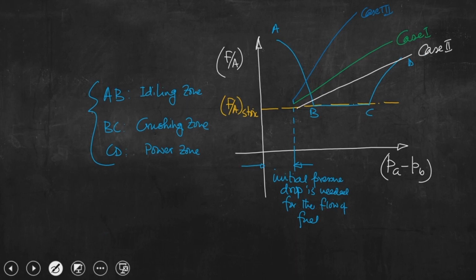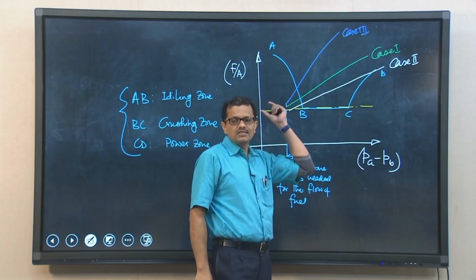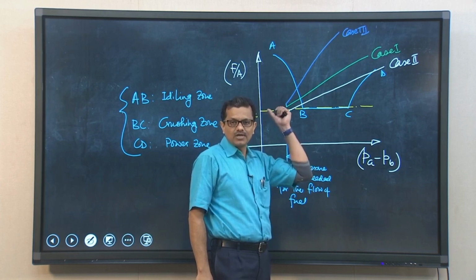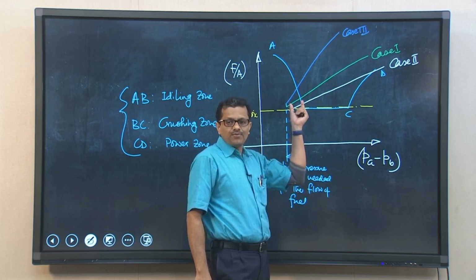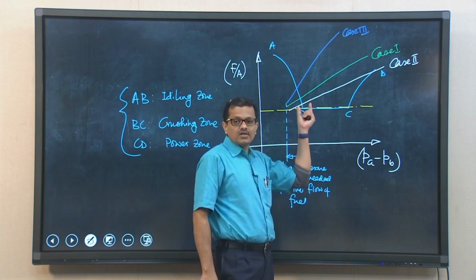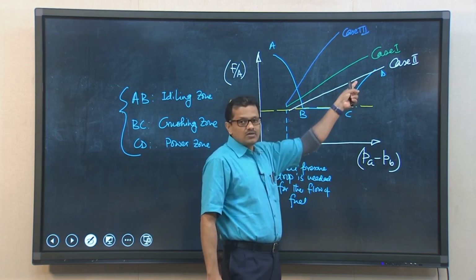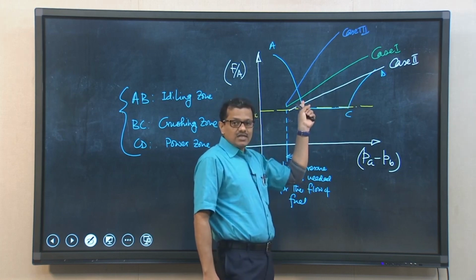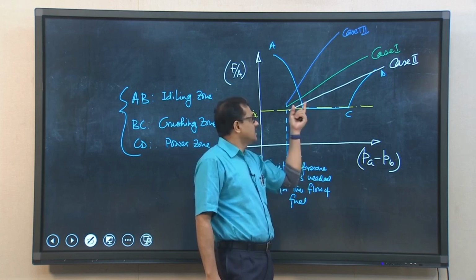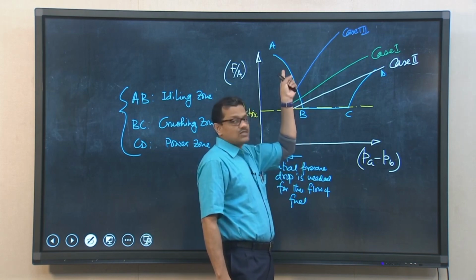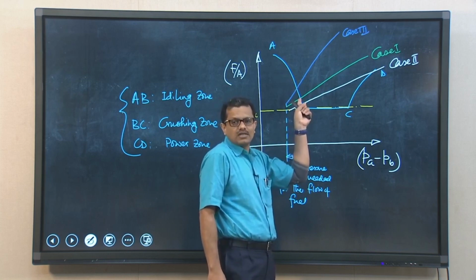So, what we can see, if this particular carburetor, which is again a simple float type carburetor, is designed to supply the fuel air ratio for satisfactory operation during the power zone, we can see using the same carburetor the fuel air ratio supplied to the engine during the idling zone is far too lean. So, it is not suitable.